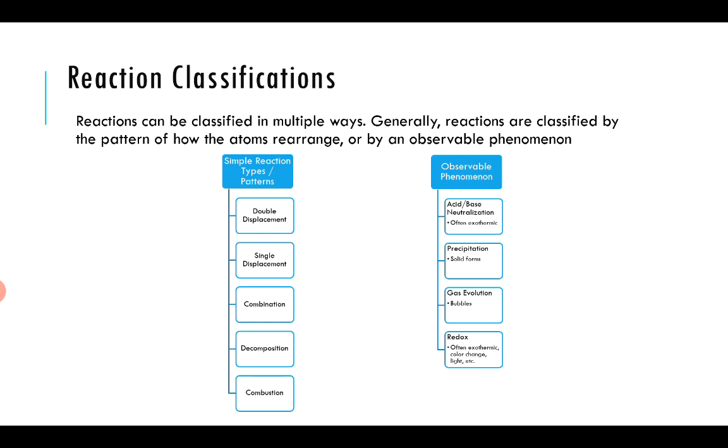There's a couple different ways that we can classify chemical reactions. One is to look at simple patterns of how the atoms are rearranging themselves, and a different way is by observable phenomenon, like what we can see with our eyeballs. There is some overlap between these two categories.